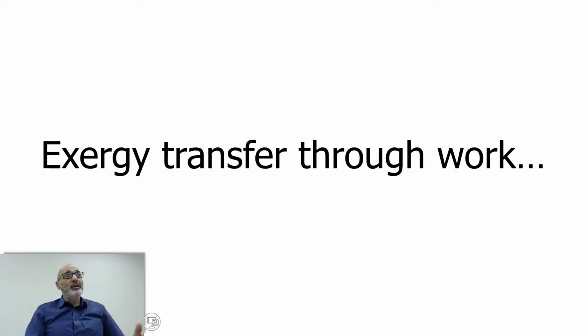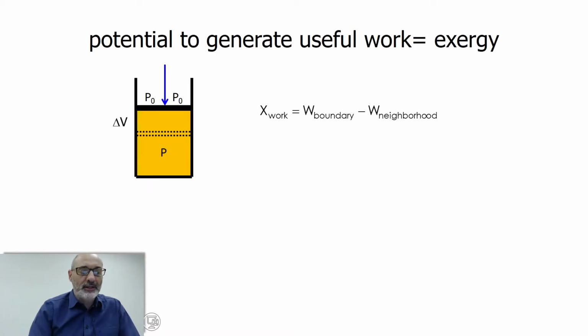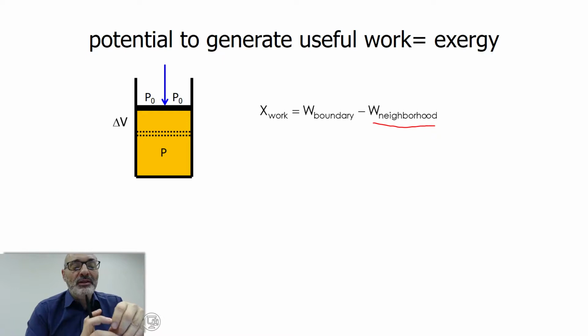So another possibility of transferring exergy is through work. Let's see it. It's actually easier. Just to remember the definition for our closed system, we have our orange substance, okay? It's expanding, or it's going into equilibrium with the environment, so it's going to produce some useful work, and also some amount of work which is spent on the environment.